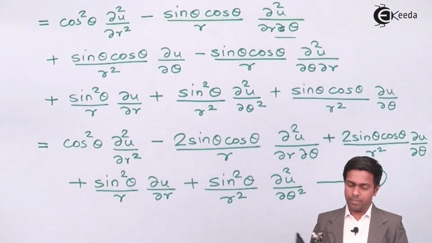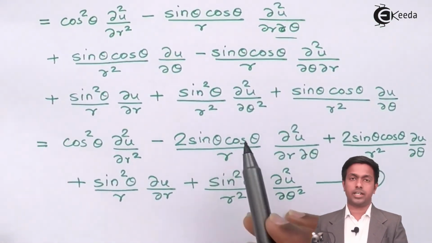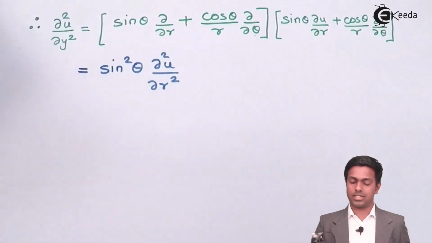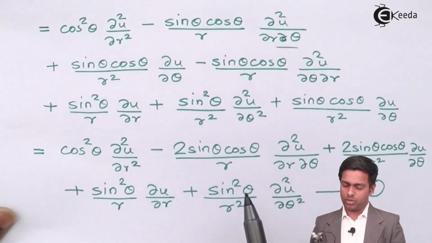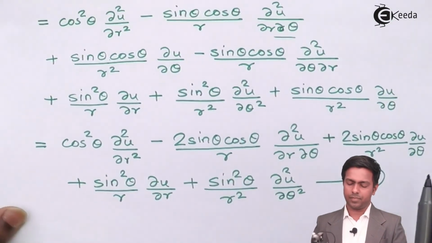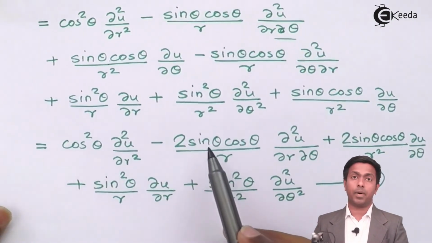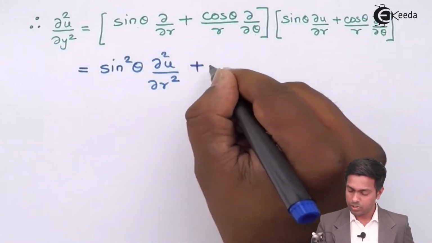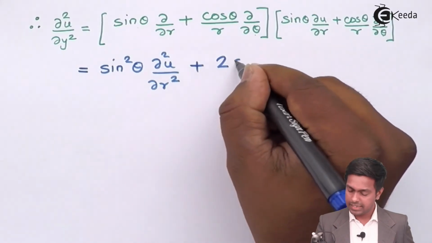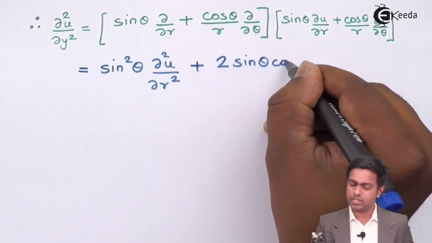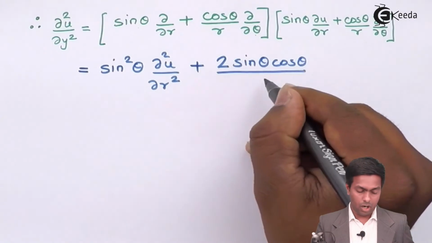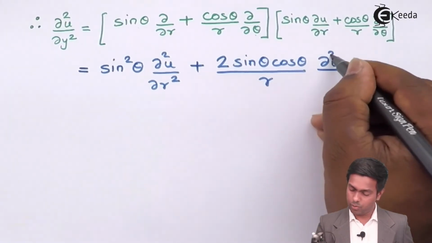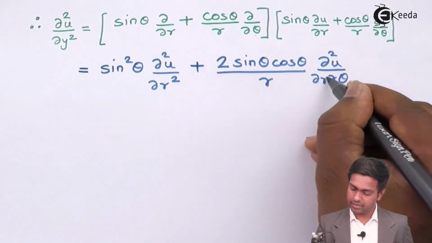Next, this is a term where we have sin theta cos theta, and as we said that sin theta is changing, cos theta has changed to sin theta. So this cos theta will become sin theta, and this sin theta will become minus cos theta. So that will become positive 2 sin theta cos theta, or you can say cos theta sin theta, both are same, upon r del square u by del r del theta.